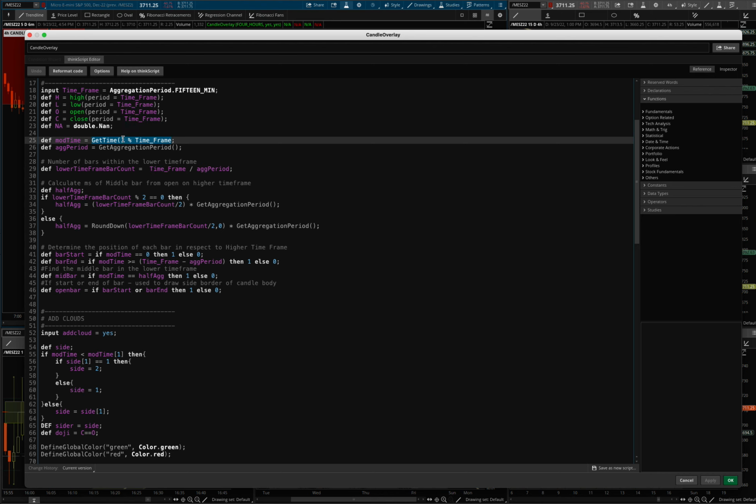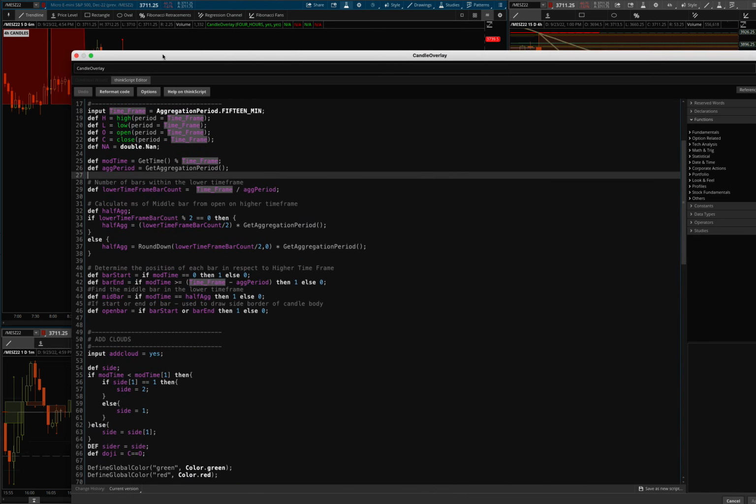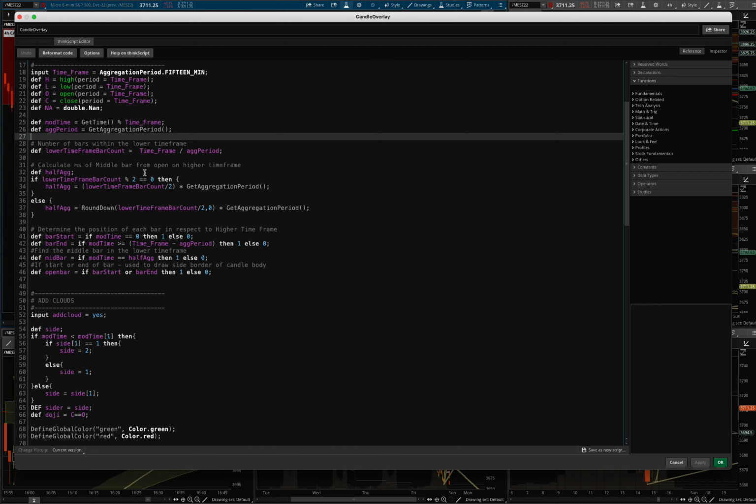So it divides evenly into get time, and this is used for things like trying to figure out where this line might be in a larger time frame. So you would take the current time and modulo by that, and if it comes out to be no remainder, because it just returns the remainder, then 0 means that that's the divisor point.